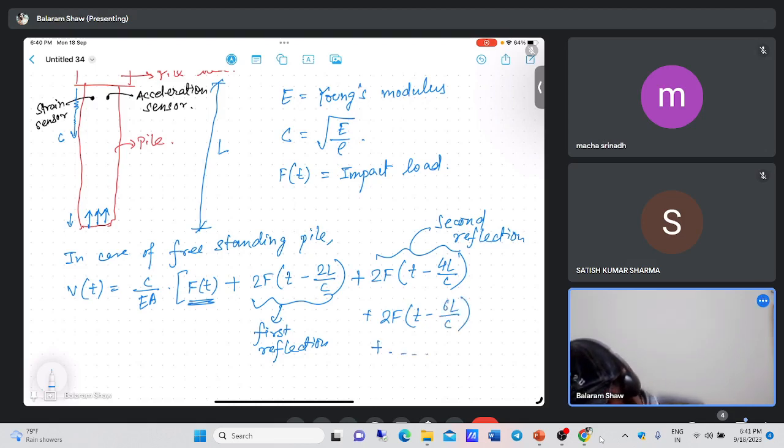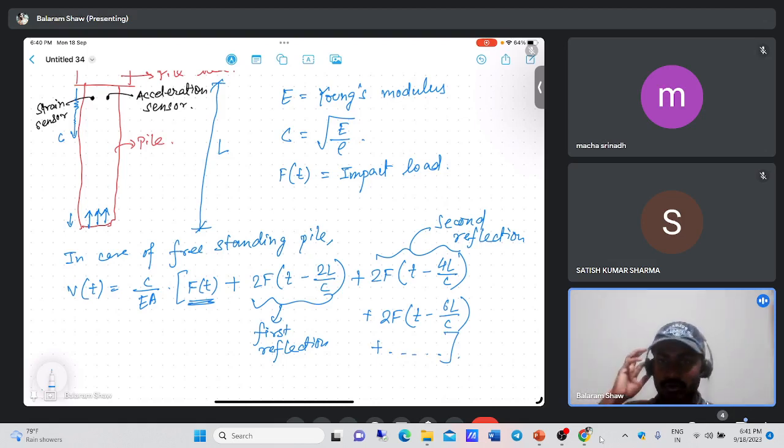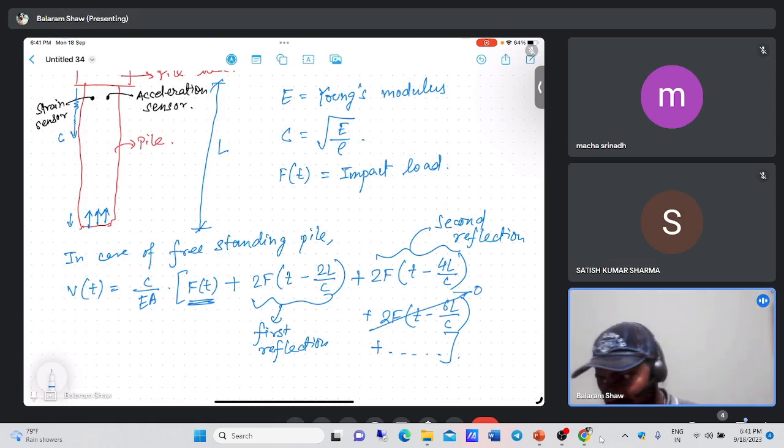But what is seen while doing these experiments is that whatever reflections are there after the second reflection are very feeble, very weak waves. So whatever is after the second reflection is considered negligible, and after that it is considered as 0.